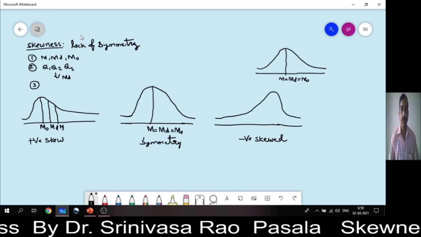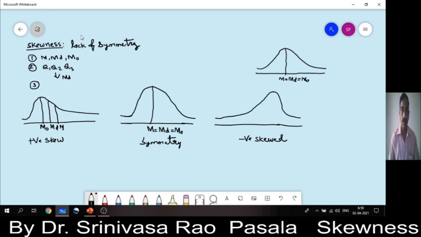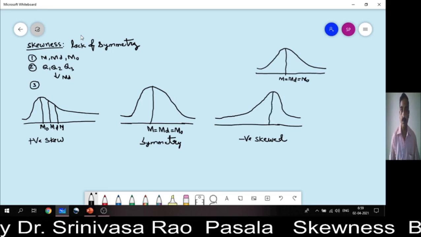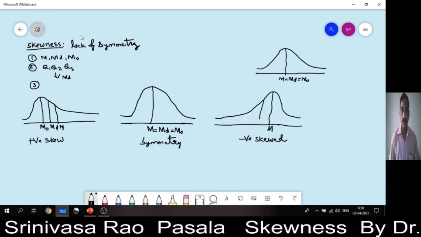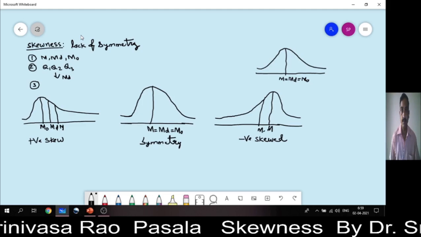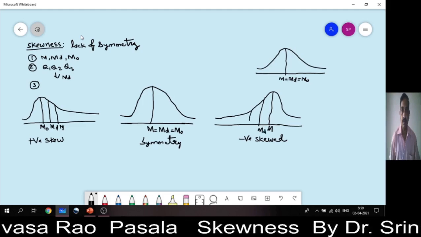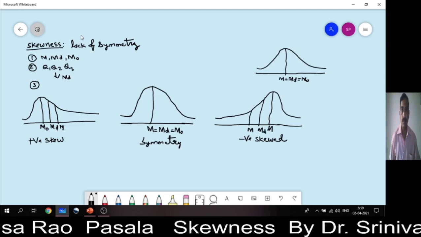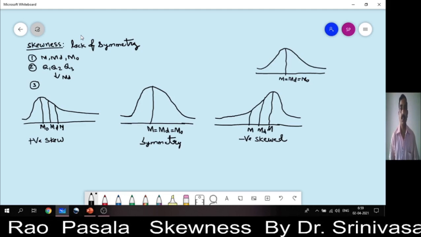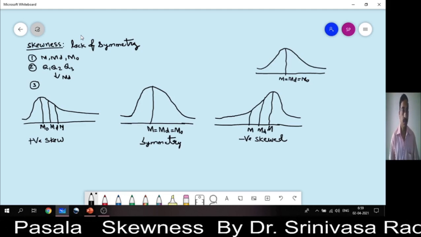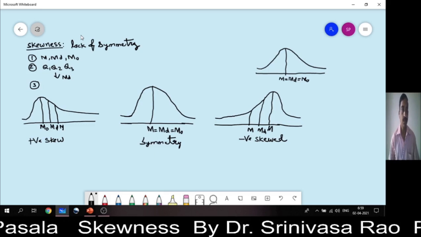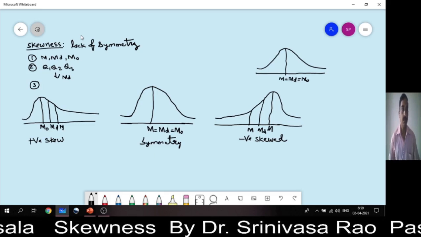In the similar way, in the negative skew, this is the mode, this is the median, and this is the mean. So this is the location of the mean, median, and mode in positive and negative skew distributions.